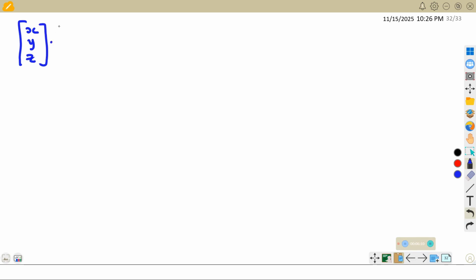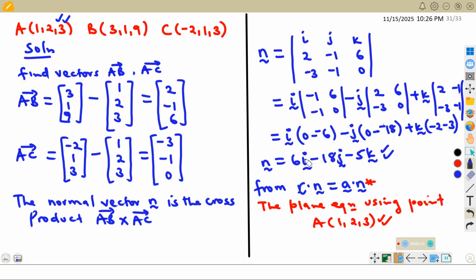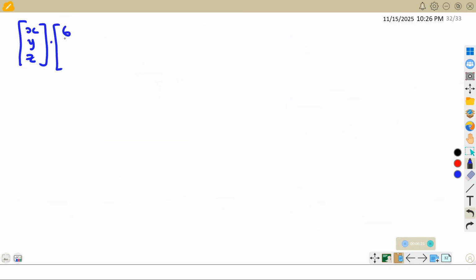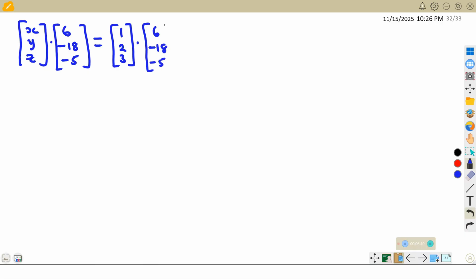We are dotting this with n, and n we have got as 6, negative 18, and negative 5. So this should be equal to 1, 2, 3, and we are dotting this with n, that is 6, negative 18, and negative 5.